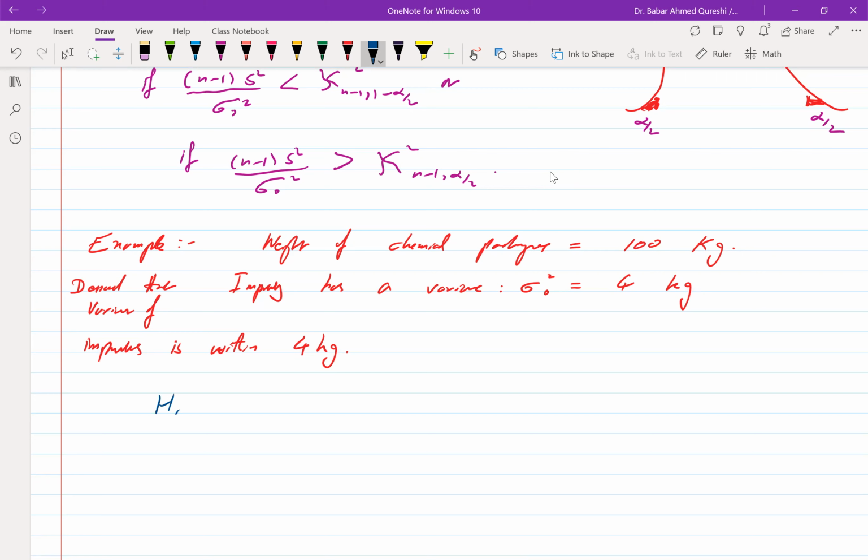So you make your hypothesis that the population variance is less than this value, 4. Then your alternate would obviously be that it is more than 4.